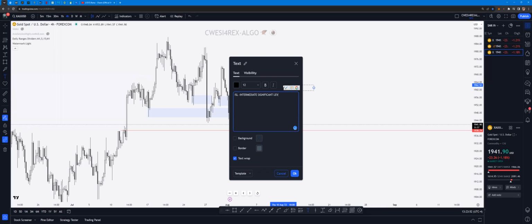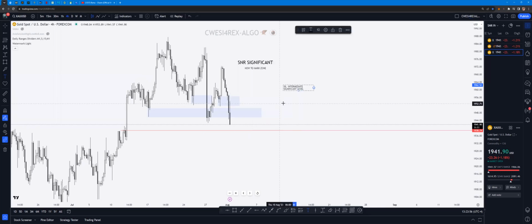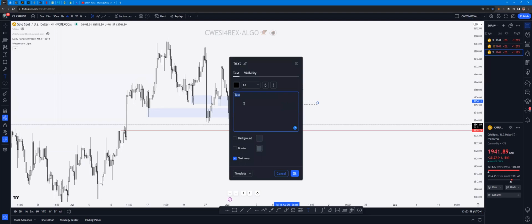Then we have the other one, HSL. HSL stands for historical significance level.